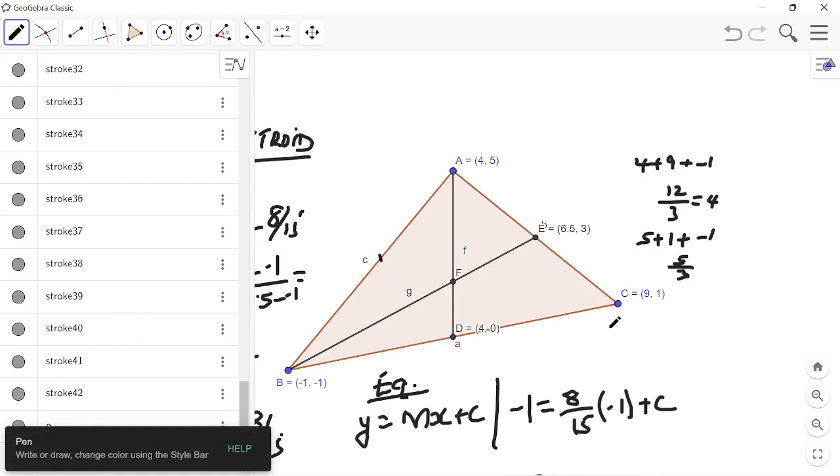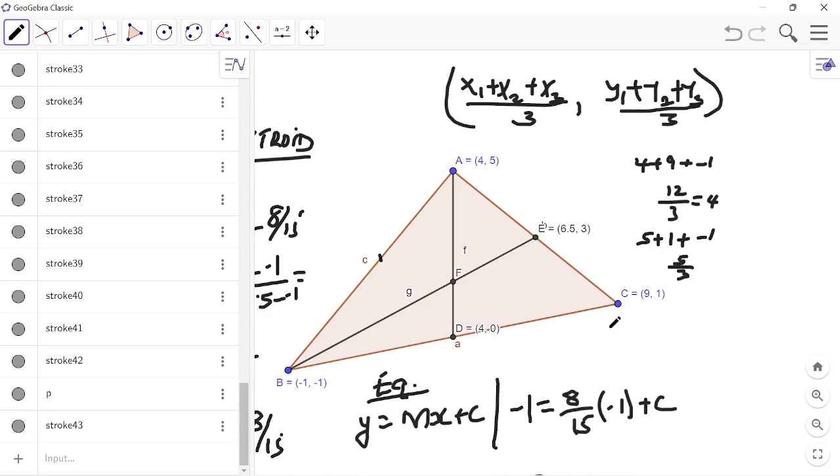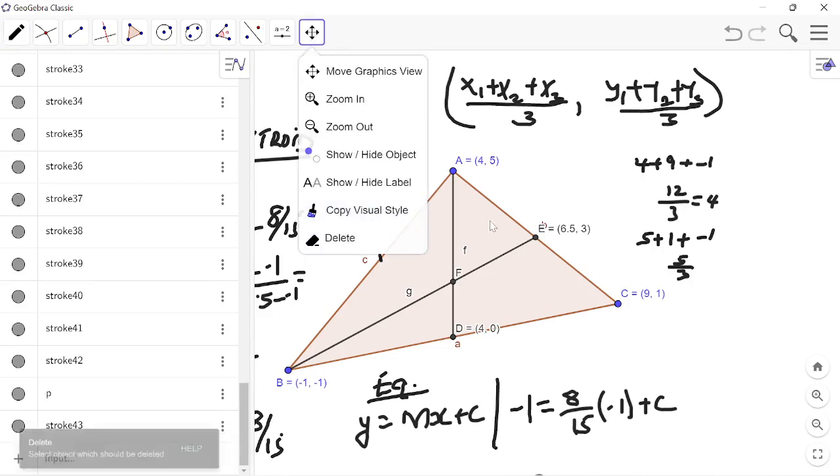In a centroid situation, a student can say x1 plus x2 plus x3 divided by 3, and y1 plus y2 plus y3 divided by 3. This should give you the same coordinate of the centroid point. After you have worked it out, you can use this to verify your answer.